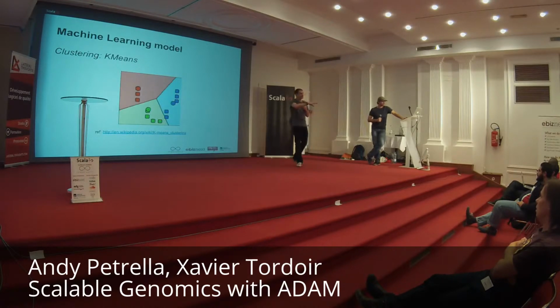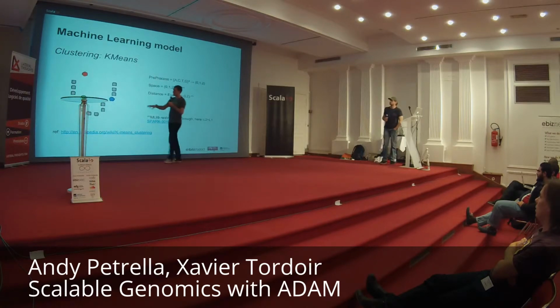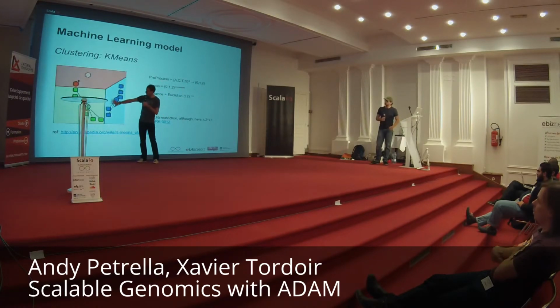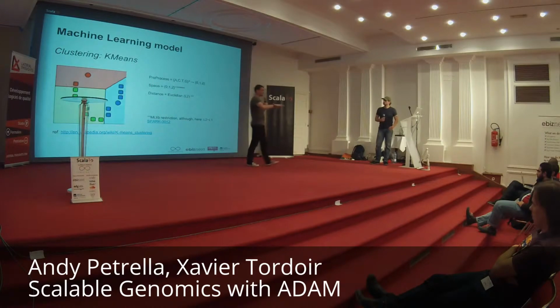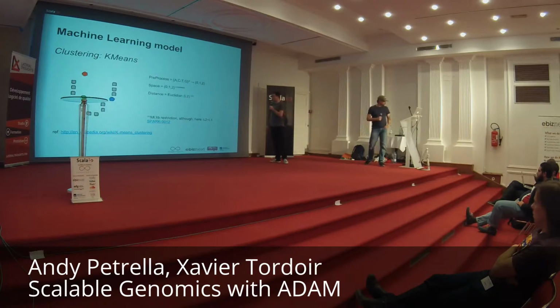You select the number of clusters. Random items are selected, these are the centroids of the clusters, and the clusters are made by selecting the samples that are closest to the centroids. Then you recompute the centroid, which is the average position of the cluster, and you iterate over and over until you have convergence.